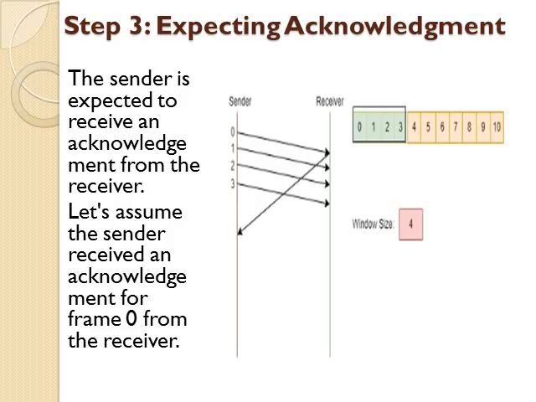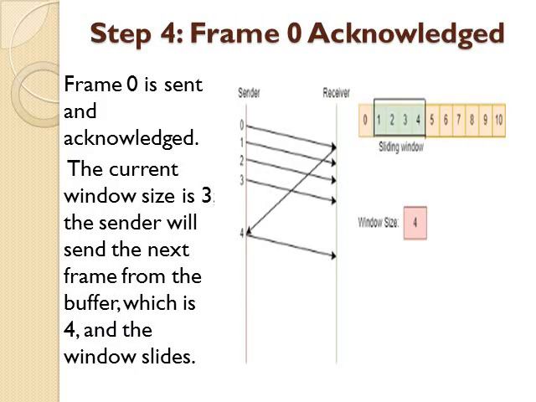As the window size is 4, the window moves gradually to the right side, that is 1, 2, 3 and 4. Next, the fourth frame is sent, as we have received the acknowledgement for 0th frame.